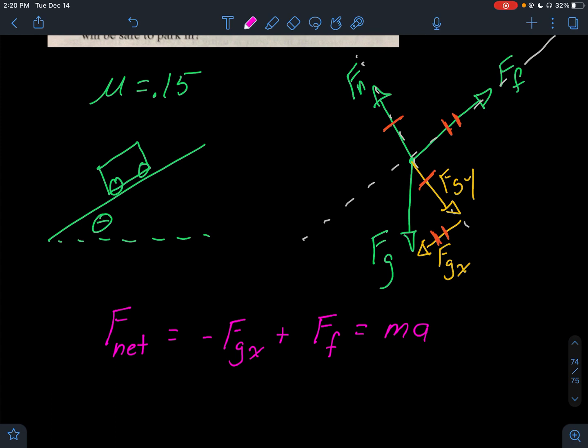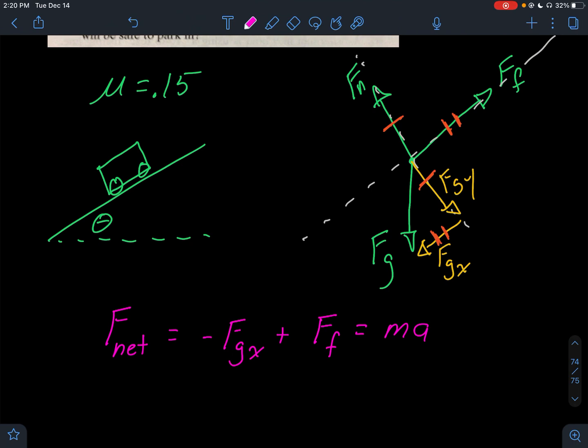So this is my starting point. Now, we could continue and say that, in an ideal situation for this angle, the acceleration would be 0, making this whole term drop off. But I'm going to go through with all the variables so that we understand and can use this equation even if the acceleration wasn't 0.